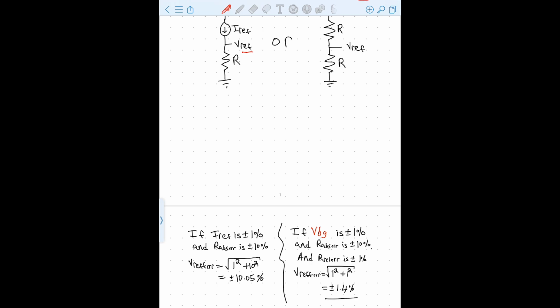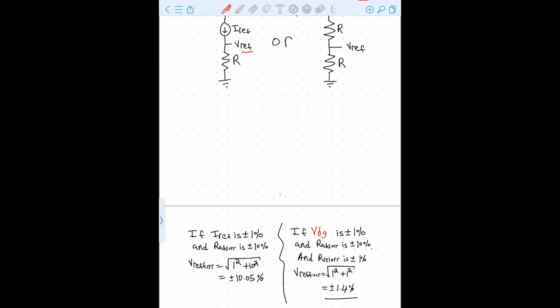Now, if we look at the other example, and we have the same accuracy on the bandgap, plus or minus 1%, and the absolute error of the resistor is the same at plus or minus 10%, but now we have one additional error that we're looking at, which is the relative error. And the relative error depends on how you size it, but in this example, I decided to keep it at plus or minus 1%.